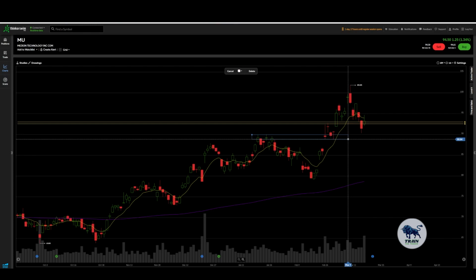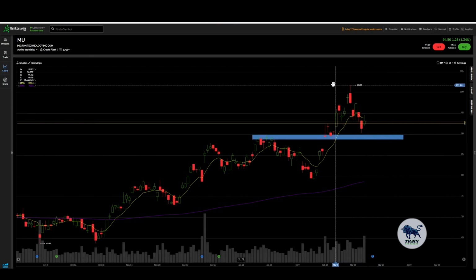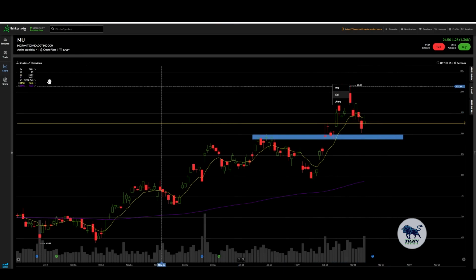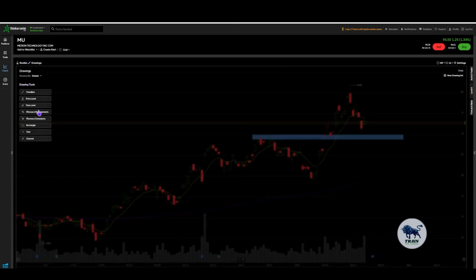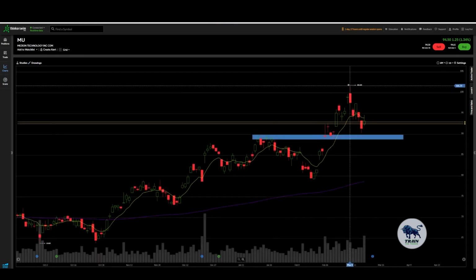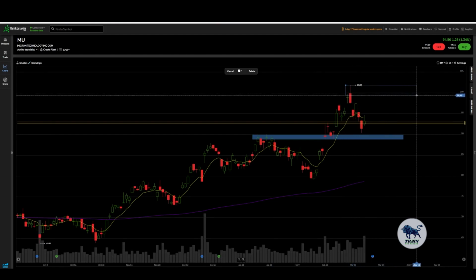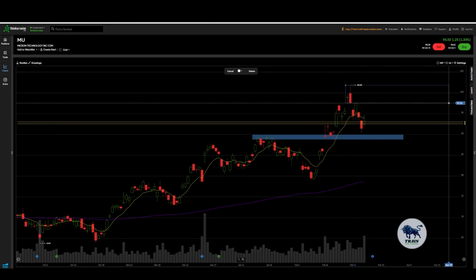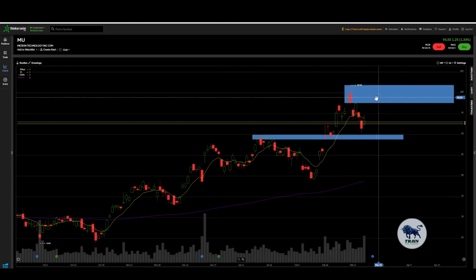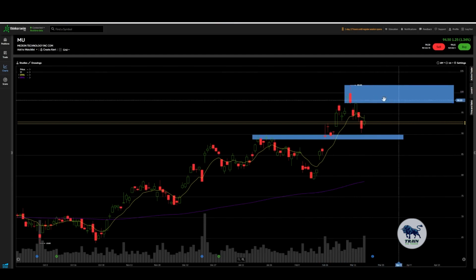Now, one could argue that this up here could be a demand zone, and one would be correct. And this is how we draw that, from the very top of that price. You can even do the bottom of that candle, and that's creating a major supply zone.